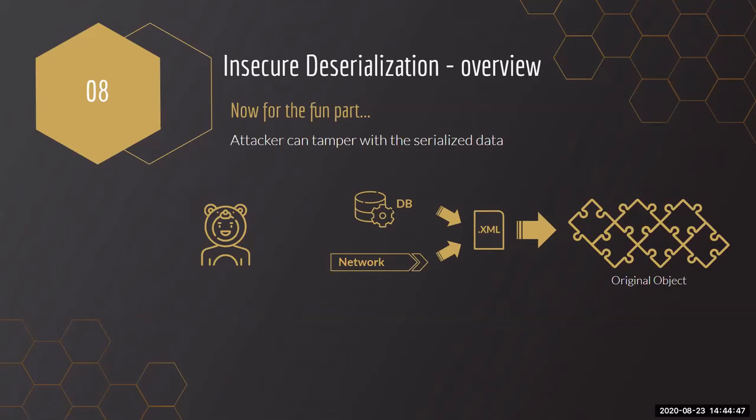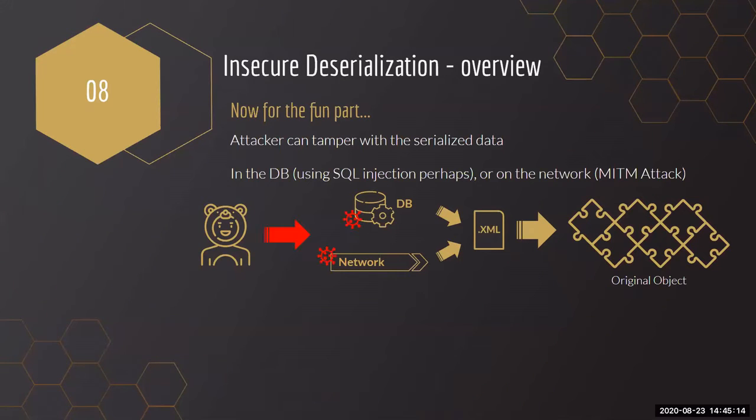There are many methods to tamper with that serialized data while it's in storage or transport, and we're not going to talk about any of those because there are just countless ways this could be done. But the point is, it can be done easily by an attacker. Into the database, they might use SQL injection, or over the network, a meddler in the middle or a monster in the middle kind of attack where they manipulate data.